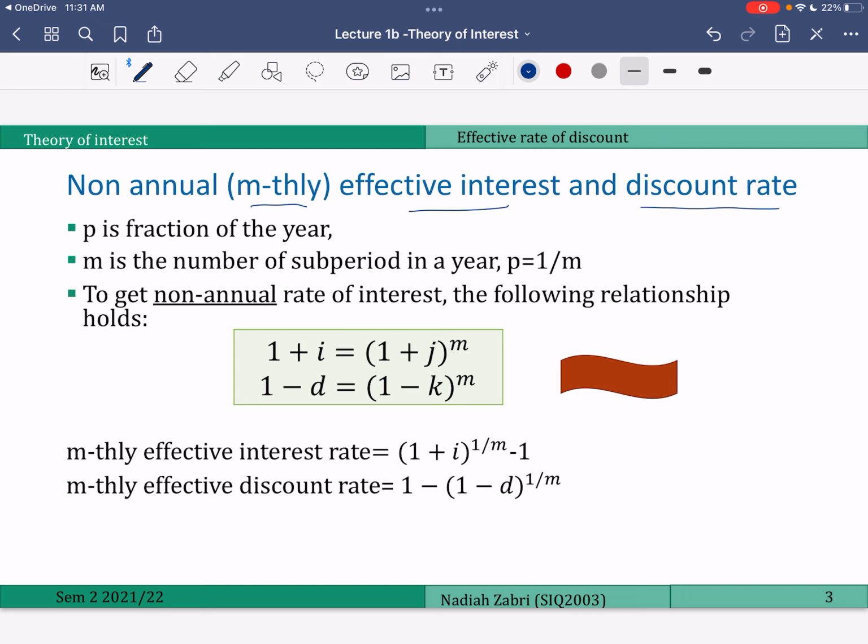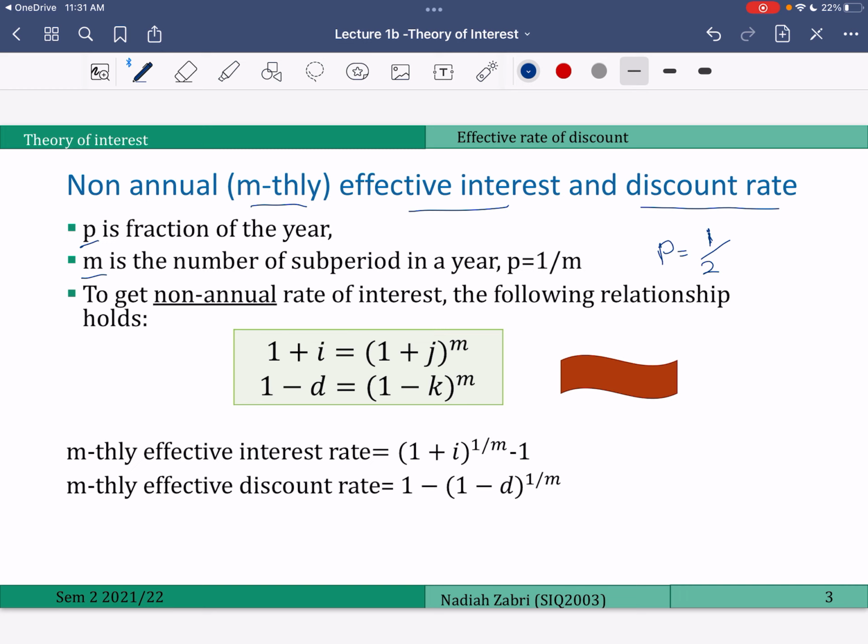Okay, let's say P is a fraction of the year, for example, semi-annual. And M is the number of sub-periods that we are splitting our year into. So if our sub-period M is 2, then our P is going to be half, or semi-annual period.